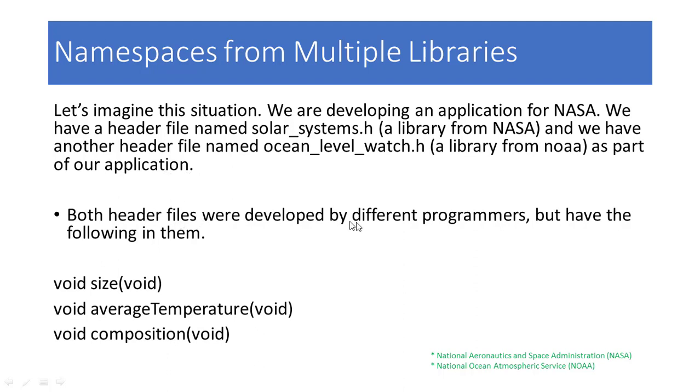Both header files were developed by different programmers, but have the following in them: void size, void average temperature, void composition. These are some functions in both files, and we will be using them in our application.